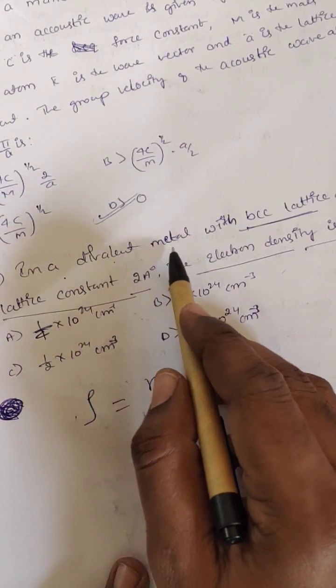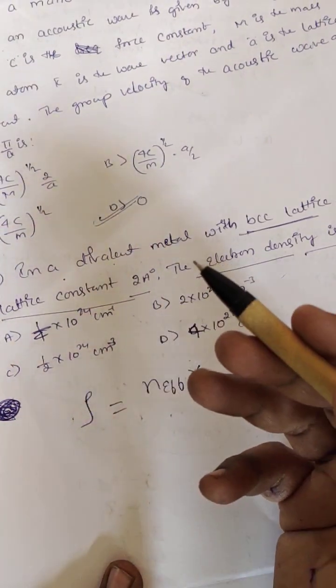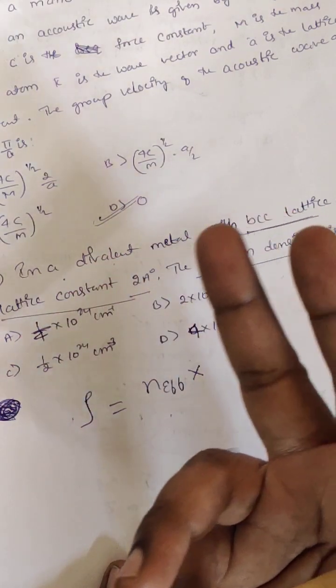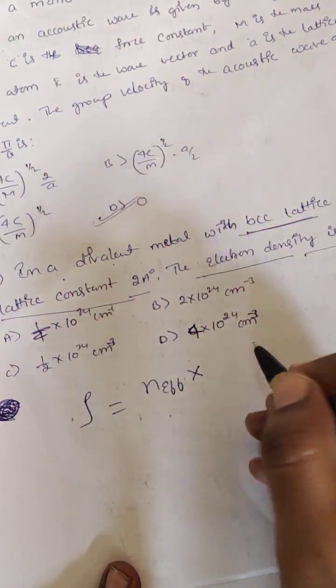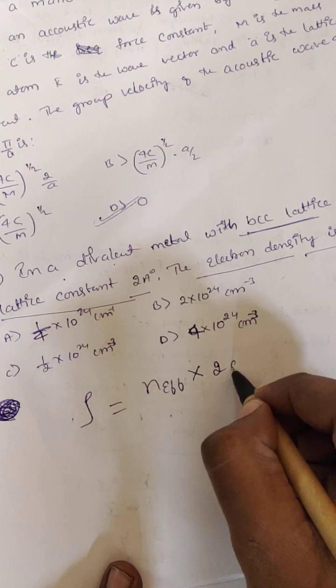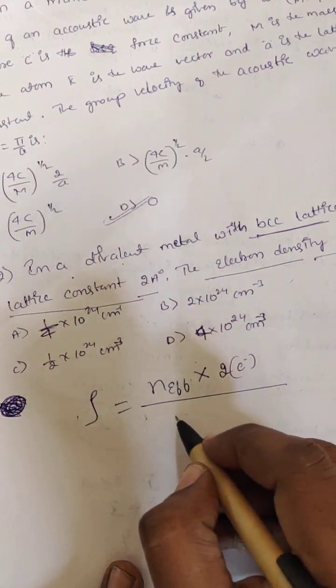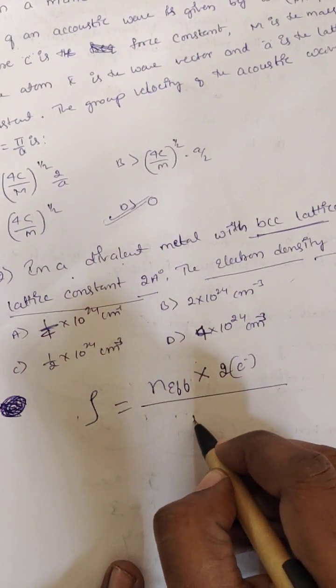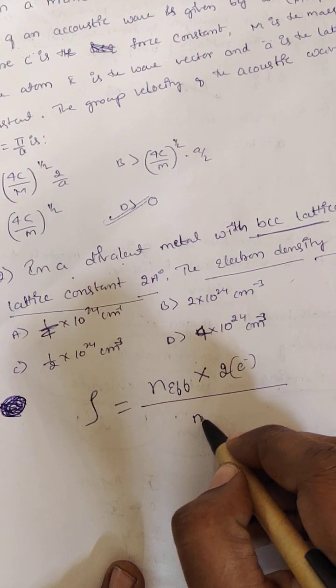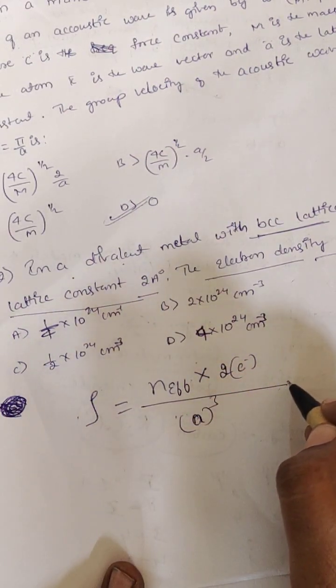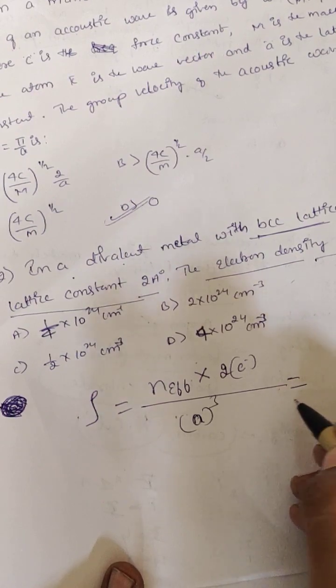In a divalent metal, that means 2 free electrons in the outermost shell.